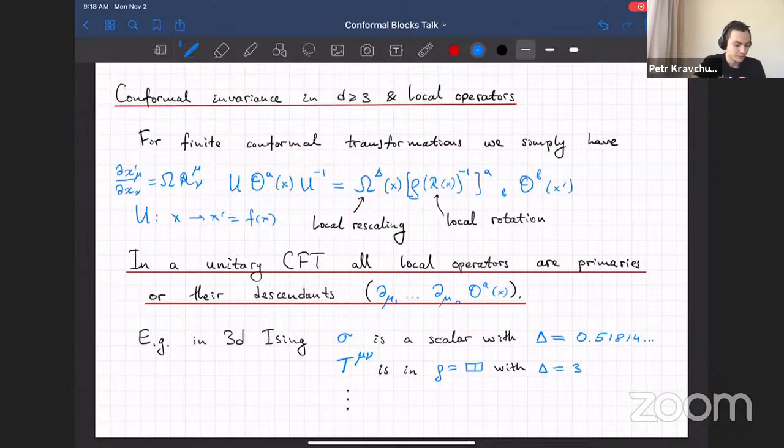For conformal transformations, because they are locally a rotation and rescaling, you can always factorize this matrix of derivatives as an orthogonal matrix R times some scalar function omega. And so these two functions just go into this equation here.